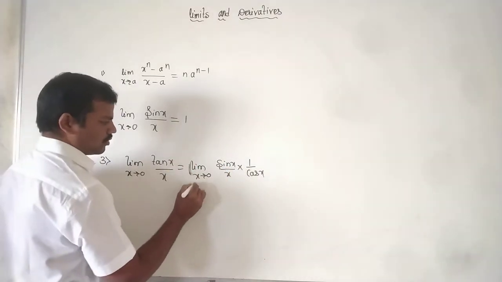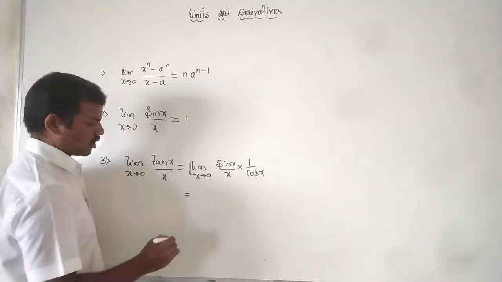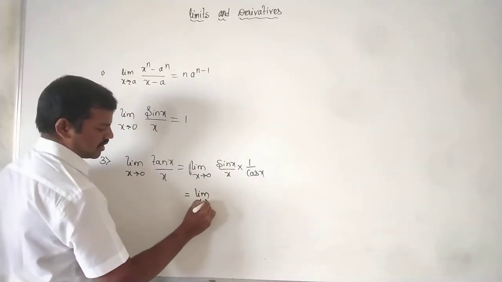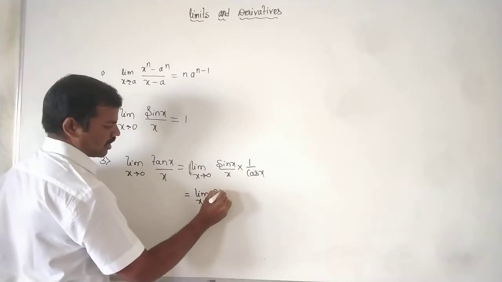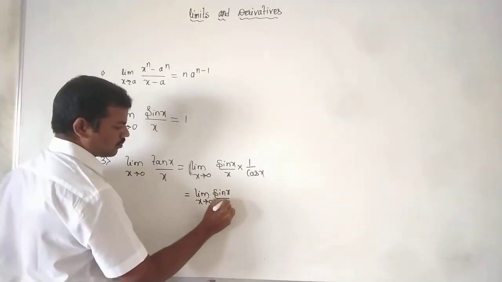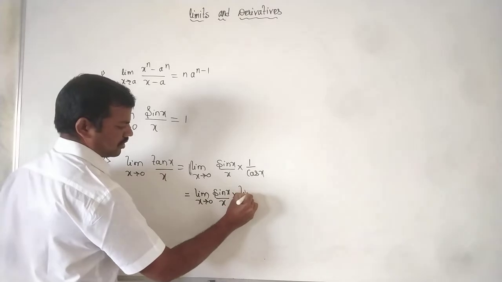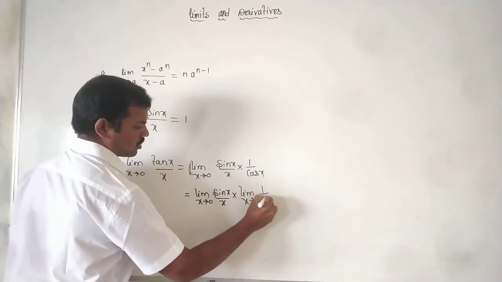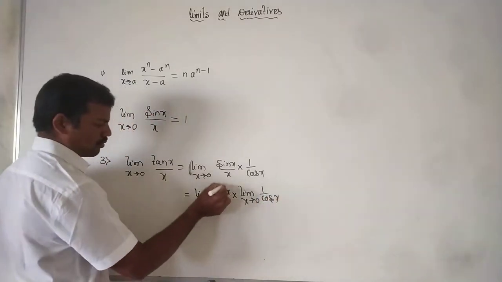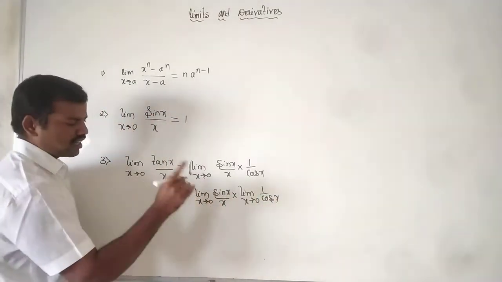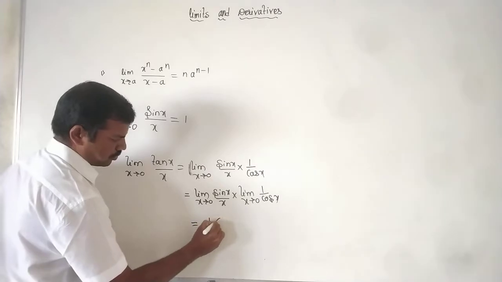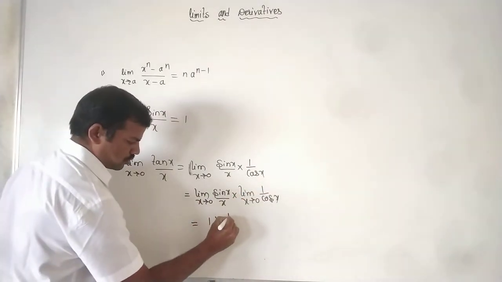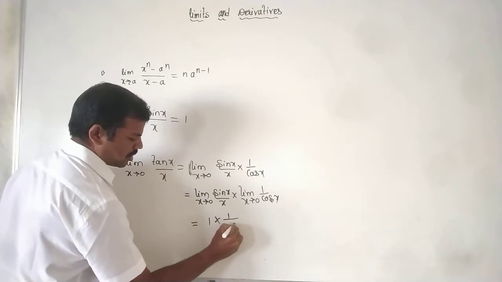Now we use the limit of a product of functions: it is equal to limit as x tends to 0 of sin x by x, into limit as x tends to 0 of 1 by cos x. We already know the first is 1. Where there is x, we put 0, that is substitution in the limit.